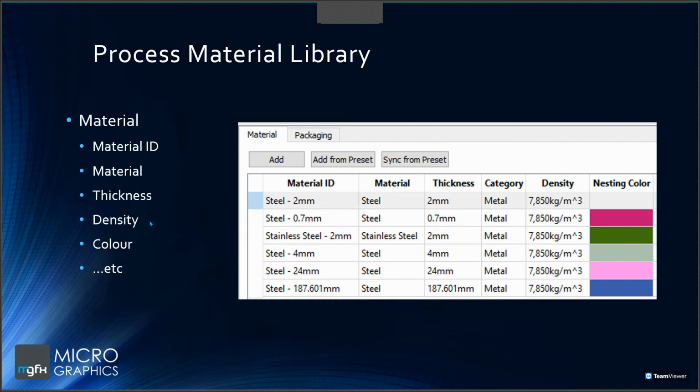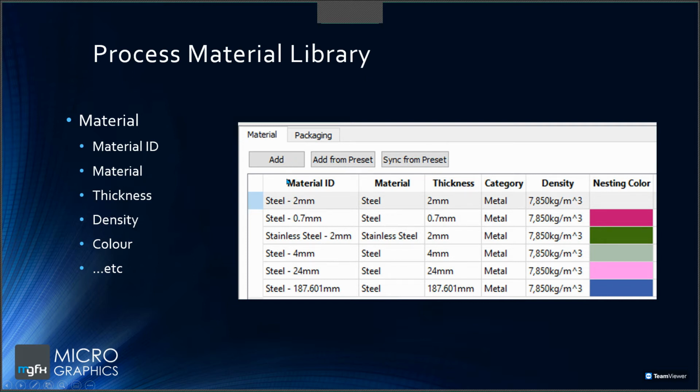Now, just to stick with the materials here for a second, every time you create a design, that material library is blank. So the Fusion developers have a mechanism where you can create a preset material list. And we can see here at the top, there is an add option, an add from preset and sync from presets.